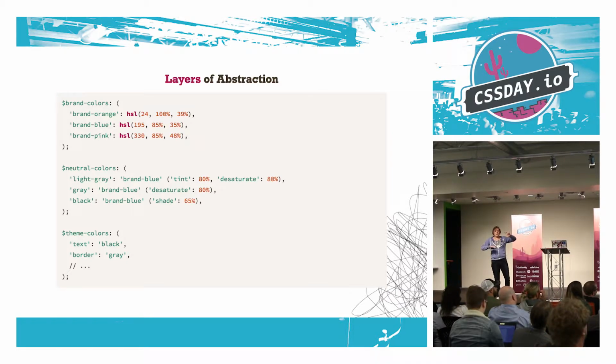We split our things out actually first into separate variables that give us different layers, because we think it's useful to have: here are the basic colors, and we just name them the color. This is pink, this is orange. And then we've got a patterns layer, which is sort of broad.